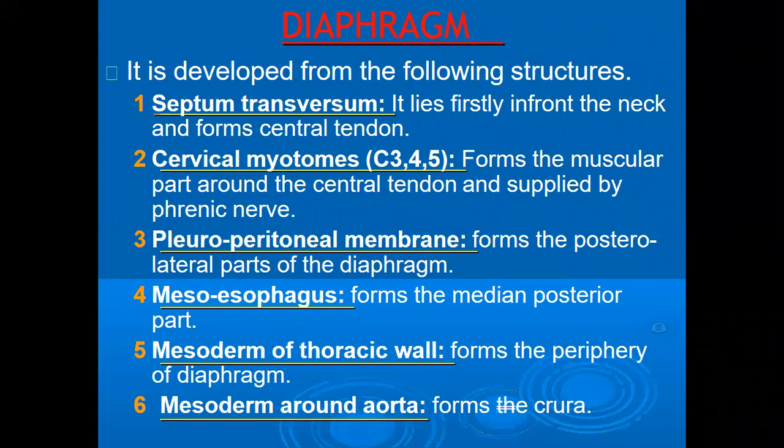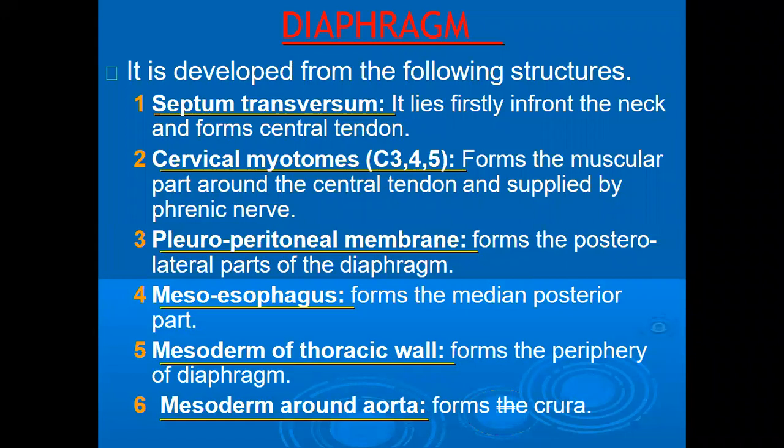All the structures in the abdomen are attached to the abdominal wall, both anteriorly and posteriorly, but up to the duodenum the anterior mesogastrium or mesentery is retained, while the remaining anterior ones disappear.